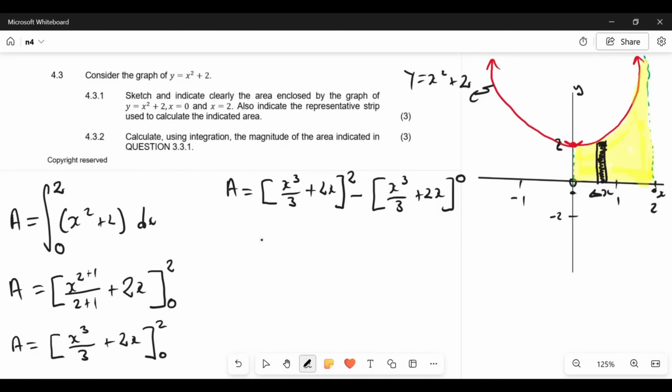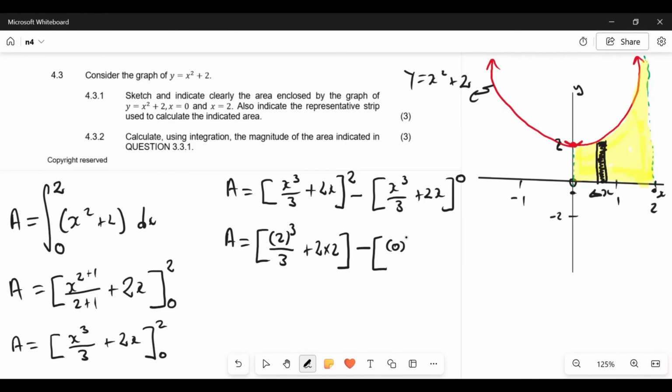So what we have to do here is just substitute. So A is going to be equaling to, on the first bracket, we substitute x with the upper limit, which is 2 in this case. So we're going to have 2 to the power of 3 divided by 3 plus 2 multiplied by 2. And then we close the bracket, minus. And then the second bracket is for the lower limit.